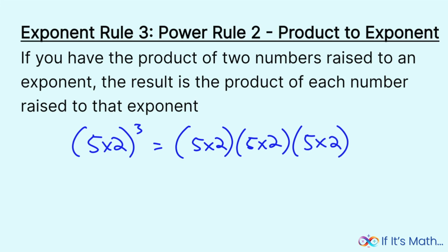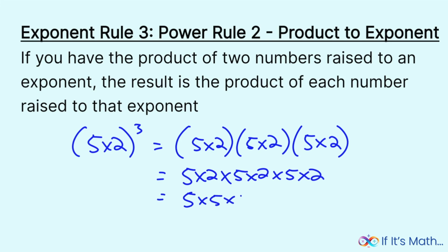We know from our old rules that we can group these however we need to. So that's 5 times 2 times 5 times 2 times 5 times 2, which is 5 times 5 times 5 times 2 times 2 times 2, which is 5 to the third times 2 to the third.